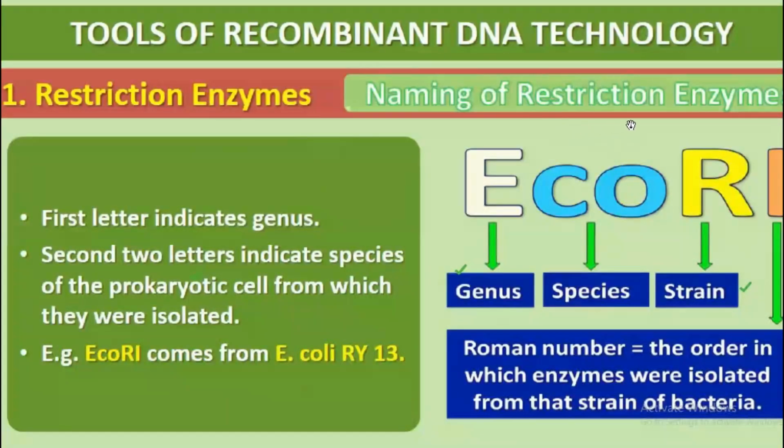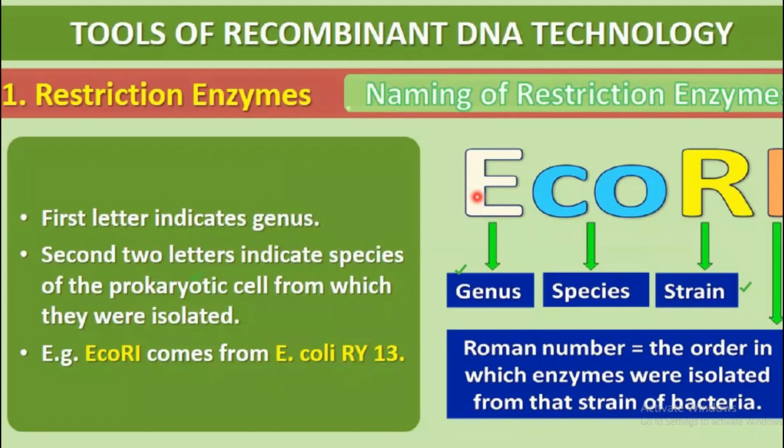The naming of restriction enzymes. Example is EcoR1. One example for restriction enzyme, that is, here you can see EcoR1. What about its naming? How does this name come? The first letter indicates the genus name of the bacteria from where it is isolated.